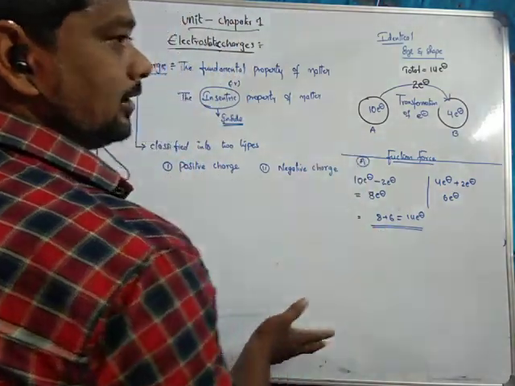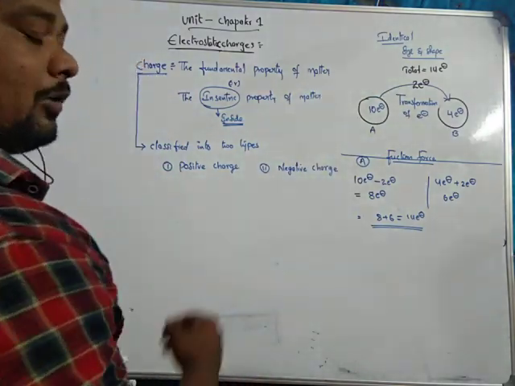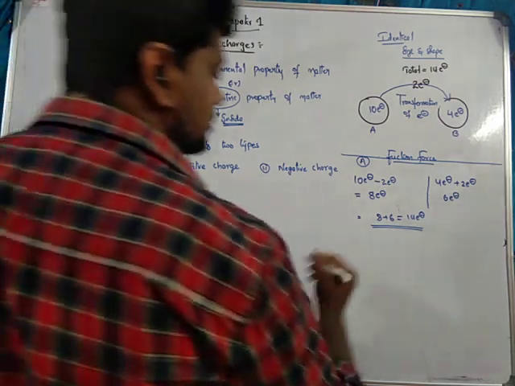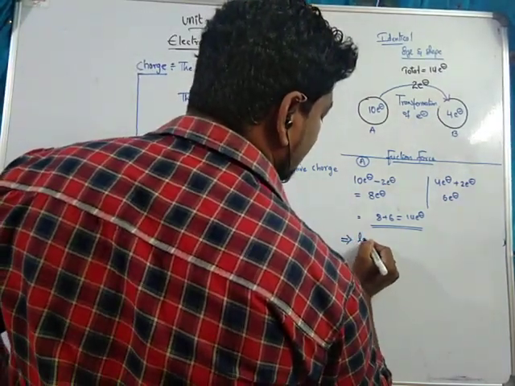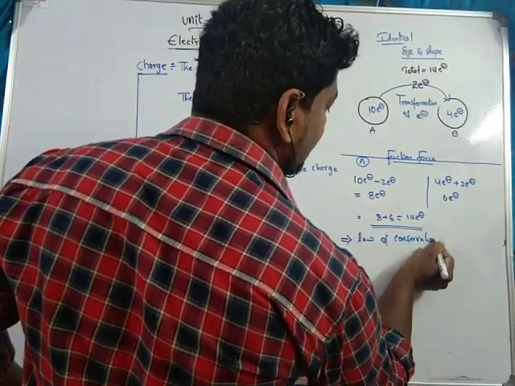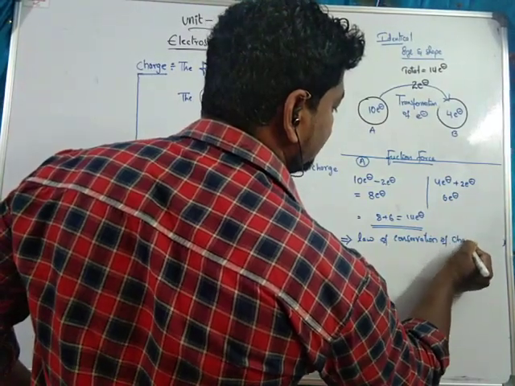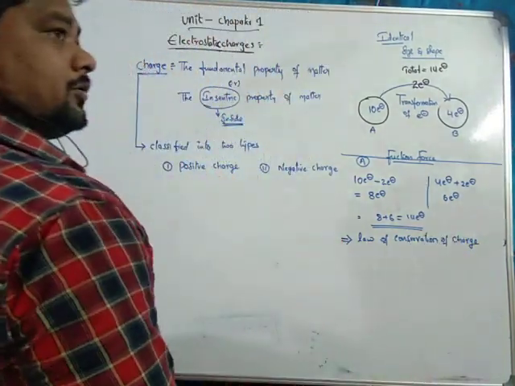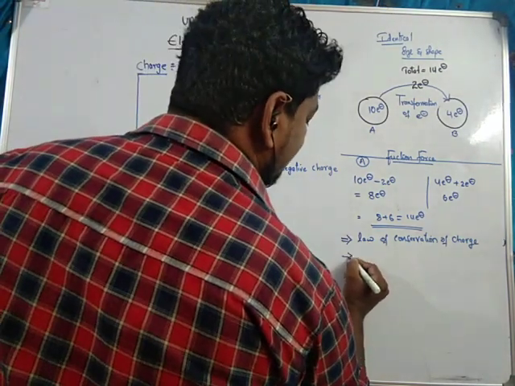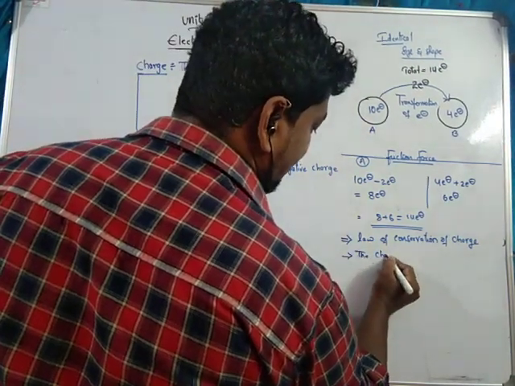Here one point is clear. Whatever the process, the number of electrons we have before, we get the same amount after the process. This supports the law of conservation of charge. What is the law of conservation of charge? Already we studied the law of conservation of energy: whatever energy we have before the process, we get the same amount of energy after. Similarly, here we define the charge.